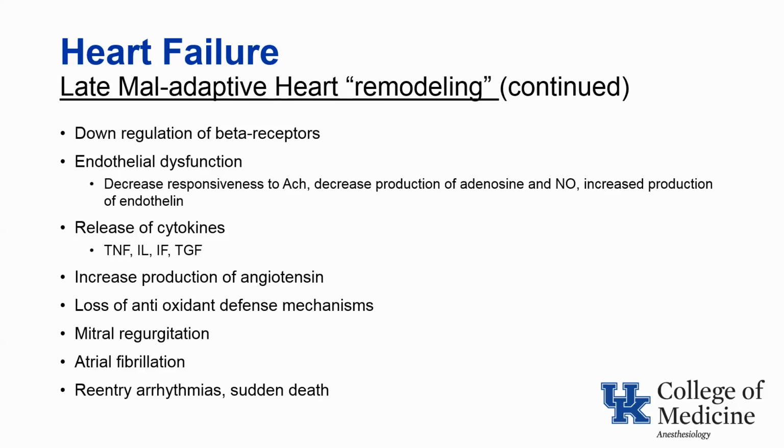Other manifestations of late maladaptation are downregulation of beta receptors, endothelial dysfunction, release of cytokines, increased production of angiotensin, loss of antioxidant defense mechanisms, mitral regurgitation, atrial fibrillation, and re-entry arrhythmias, including sudden death.